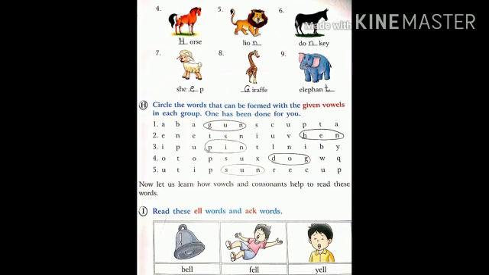Children, now let us learn how vowels and consonants help us read these words. Number I. Read these ill words and ack words. BELL, bell. FELL, fell. YELL, yell. Children, these are ill words.